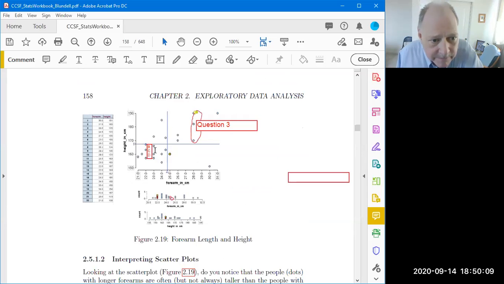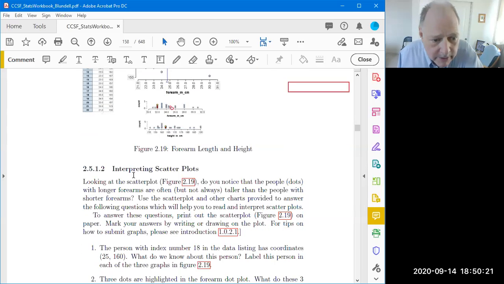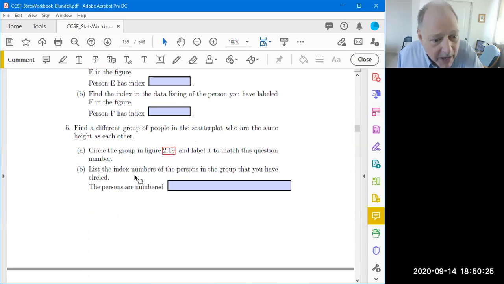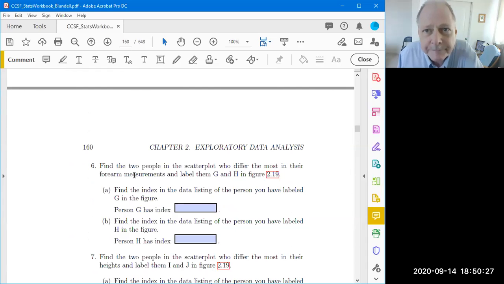So if you number these quadrants 1, 2, 3, 4, it's quadrants 1 and 3 that are overpopulated compared to the other 2. And when that's the case, that's what you call positive association. It's like if you were going to draw a line through the points, it would slope upward slightly.